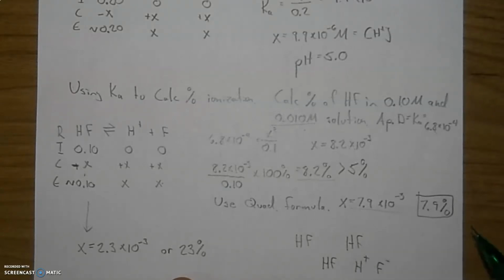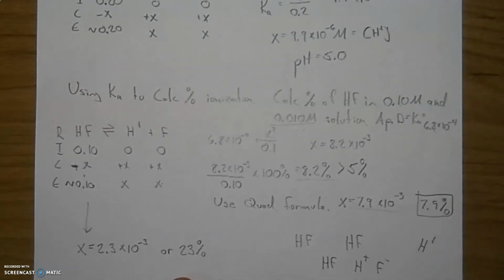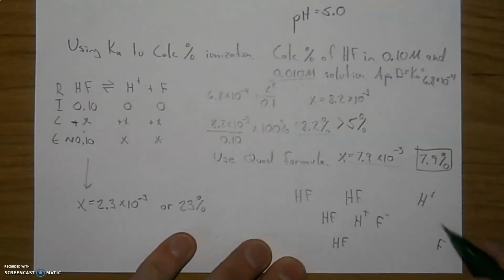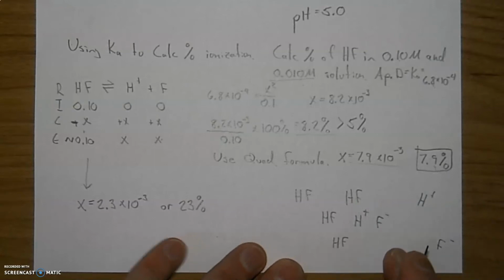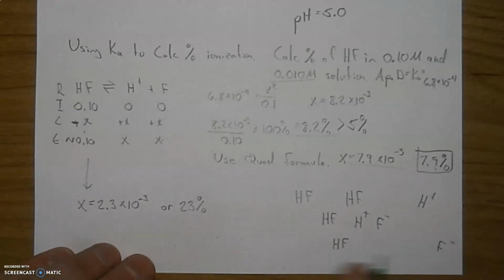But if the solution is really dilute, when they separate and they're separated from each other, they're more likely to stay apart. But again, as you put them closer and closer together, more concentrated, they will ionize less frequently. So the more dilute the solution, the more ionized it potentially can be.